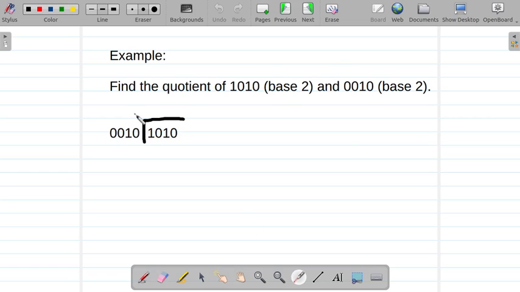So, 10 divided by 10 is just equals to 1. So, tangkag 1.